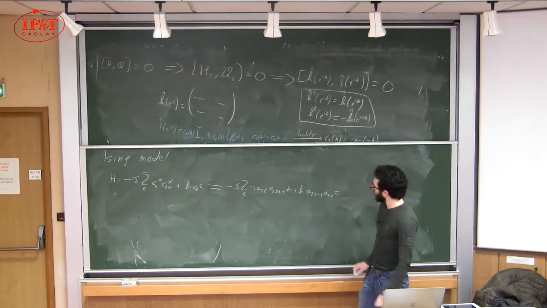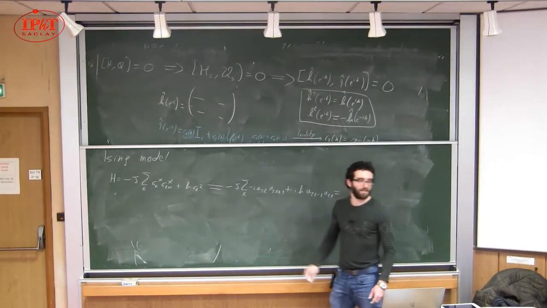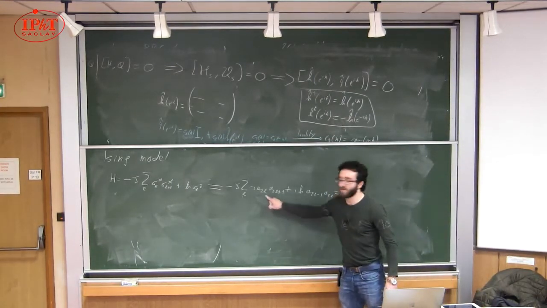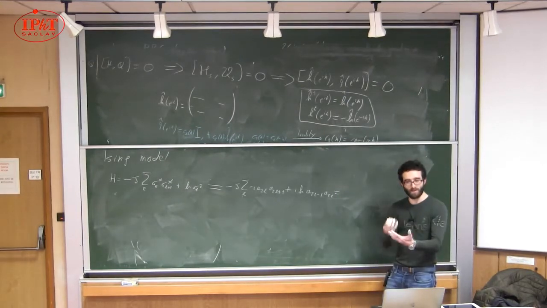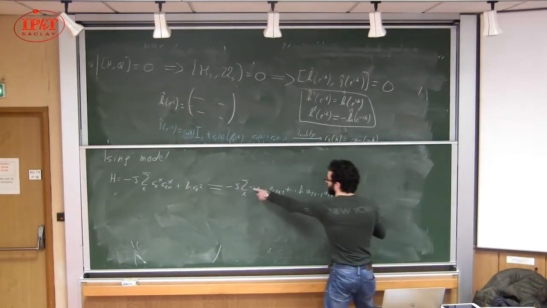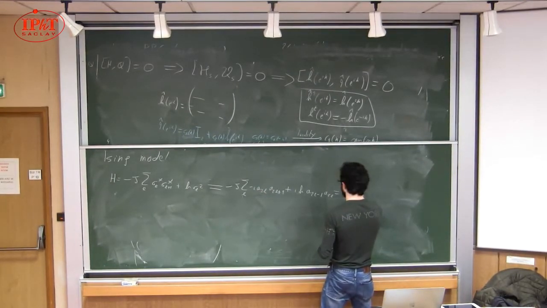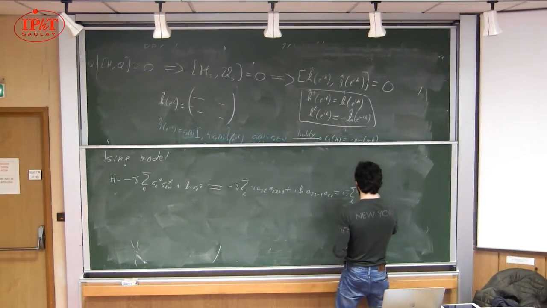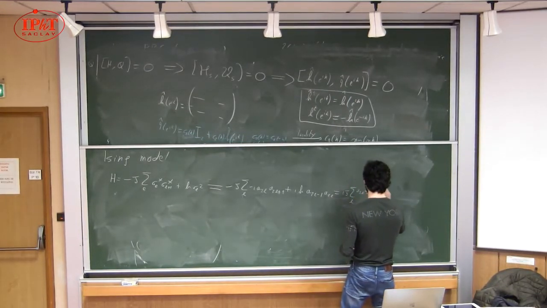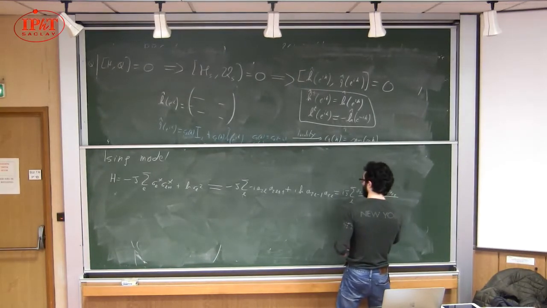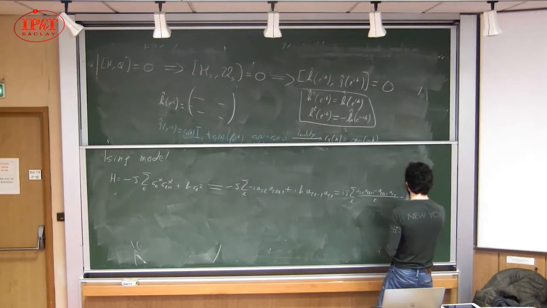Now, I want to anti-symmetrize these terms because I want to use that the Majorana operators anti-commute with each other. So I want to write it in an explicit anti-symmetric form. So this is equal to iJ sum over l of (a_{2l} a_{2l+1} minus a_{2l+1} a_{2l}) divided by 2, minus h (a_{2l-1} a_{2l} minus a_{2l} a_{2l-1}) over 2.